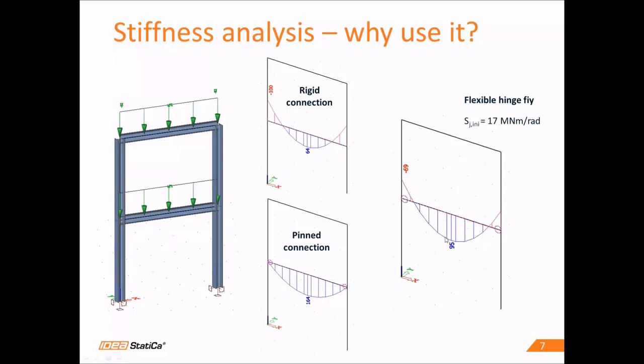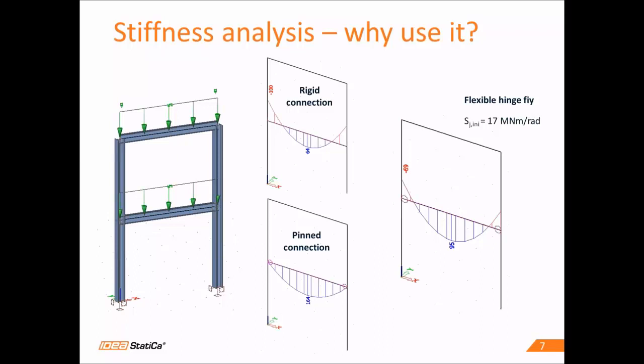The flexibility of the connection has a major impact on the internal forces. So when you use some initial stiffness and some flexible hinges, you can help the structure and you can help yourself with designing joints and connections.